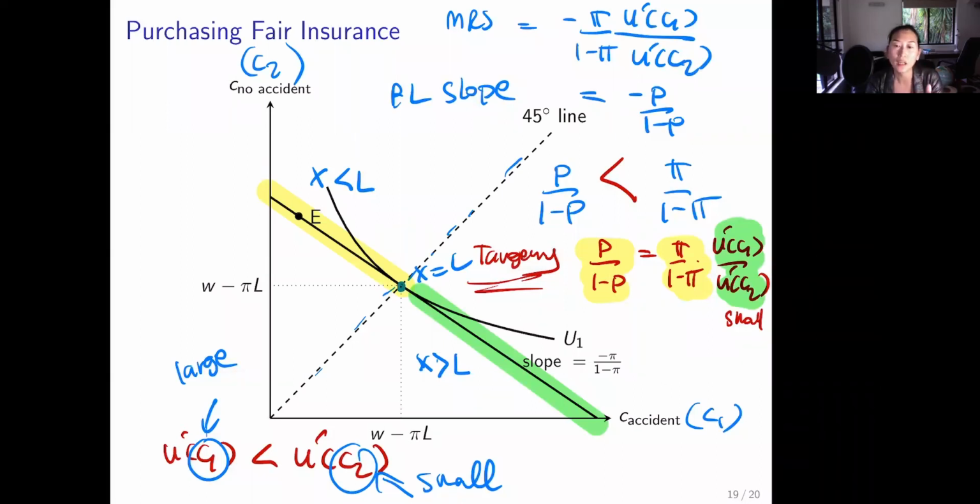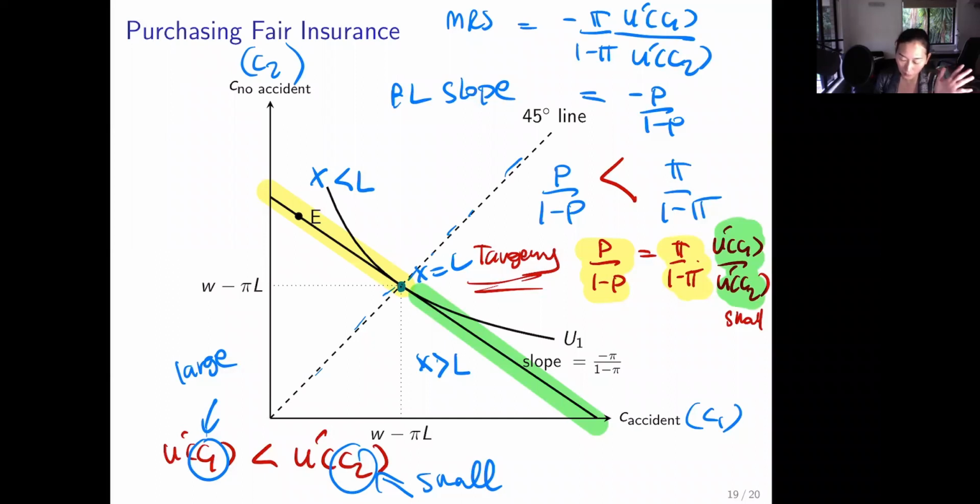The main thing is to compare the slope of the budget line versus the slope of the indifference curve, one layer at a time. Then see the relationship and what the optimal bundle should be.